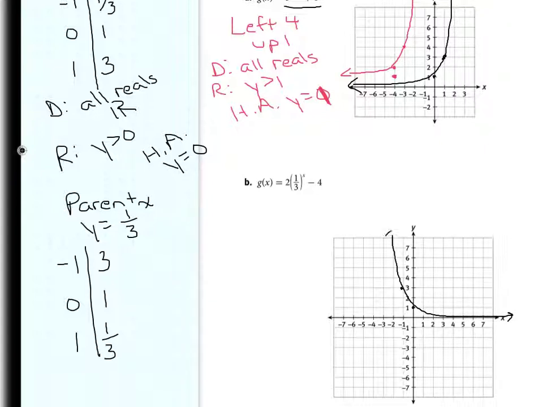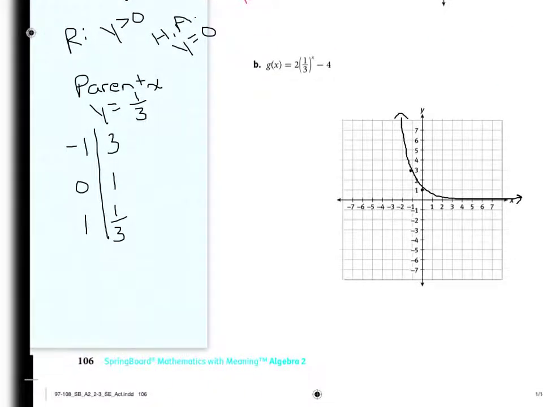What's the domain of the parent graph? The domain is all real numbers. What's the range? All the y's greater than 0. And we have a horizontal asymptote at y equals 0.